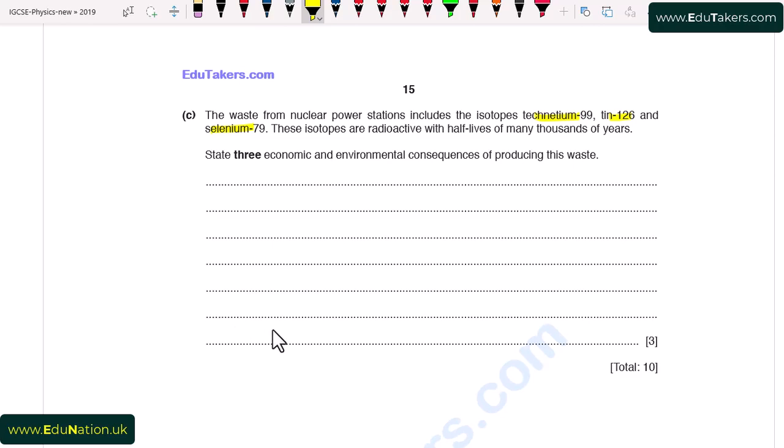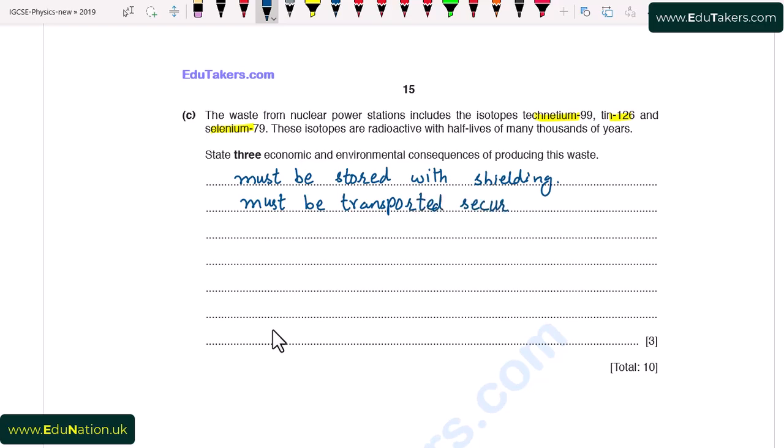I write here, first point, must be stored with shielding. Second one is that they must be transported securely and with shielding.